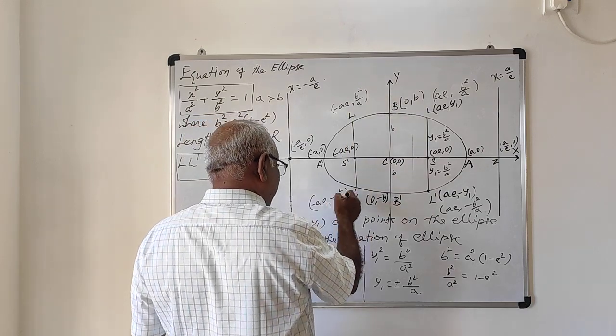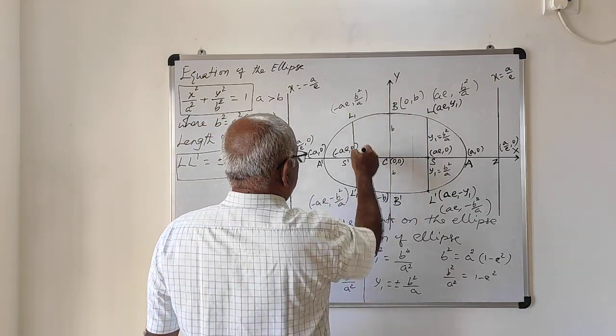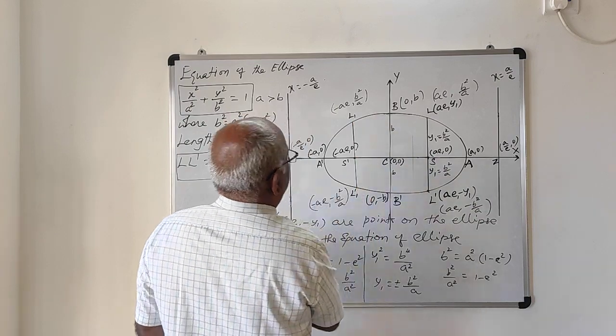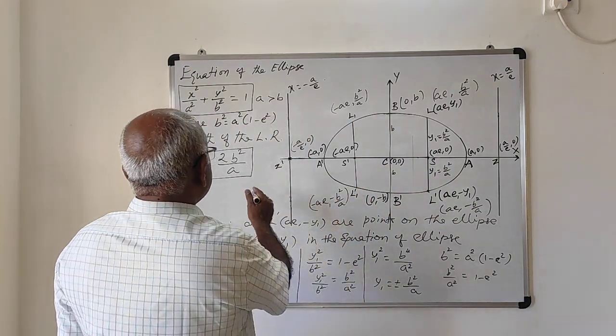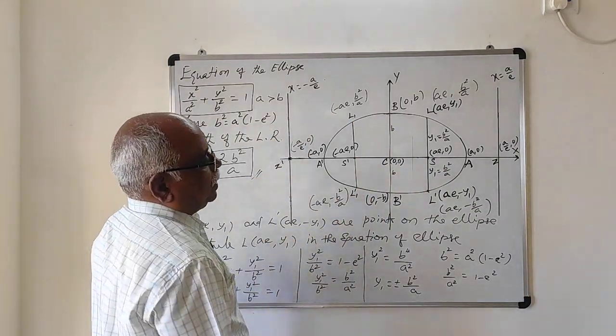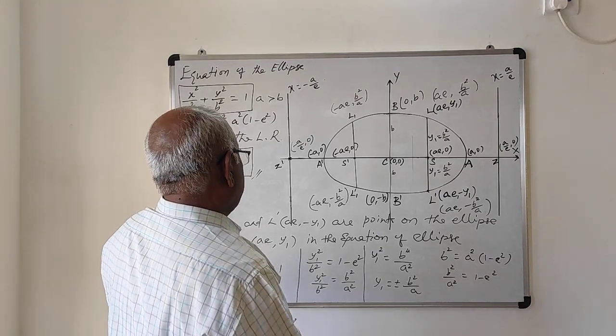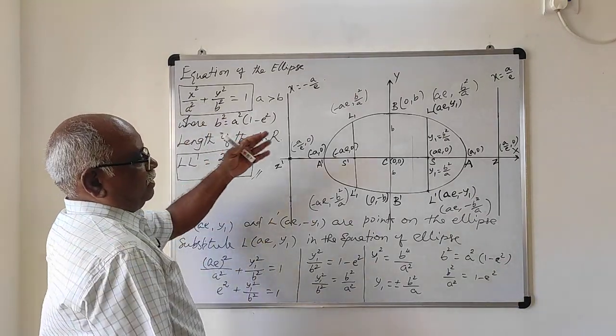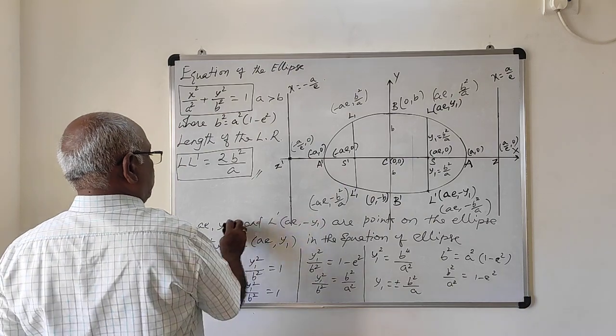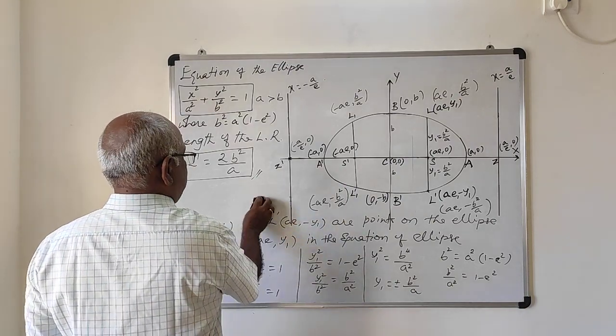Here also B square by A plus B square by A is 2B square by A, that's all it is. And these are the ideas of this ellipse and the points you should remember for solving problems.